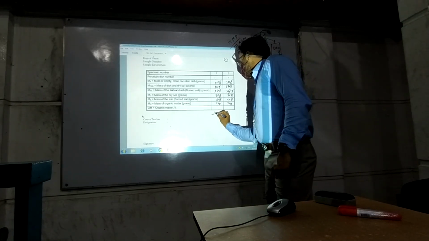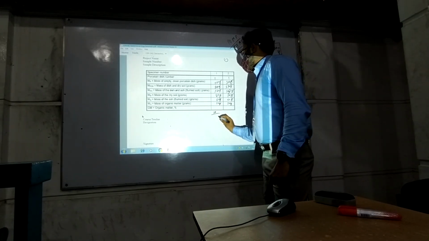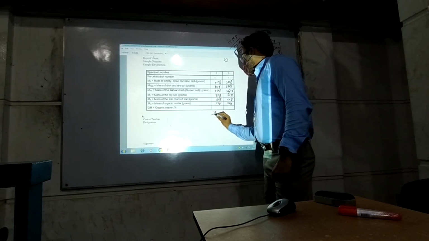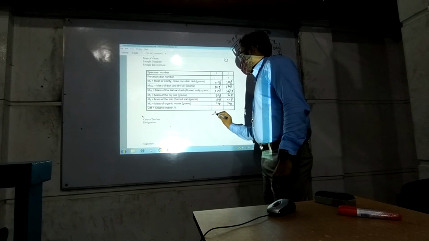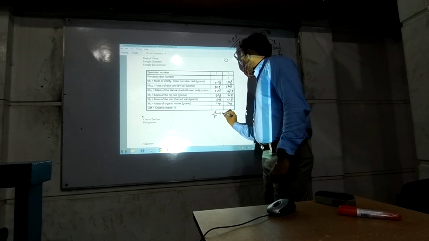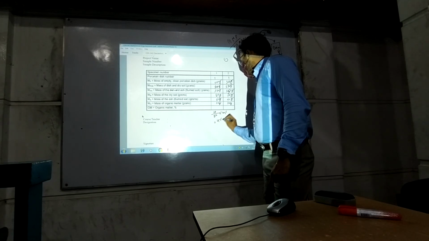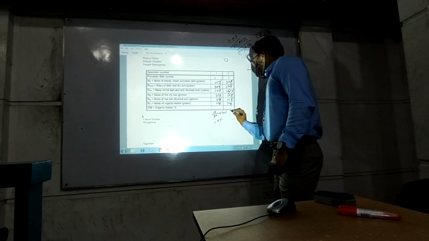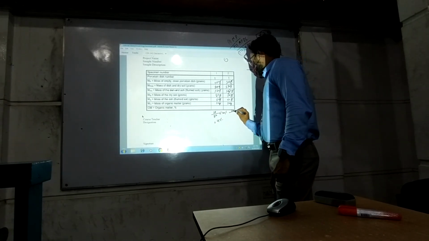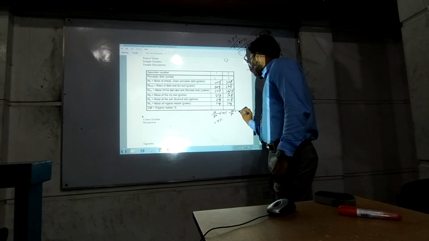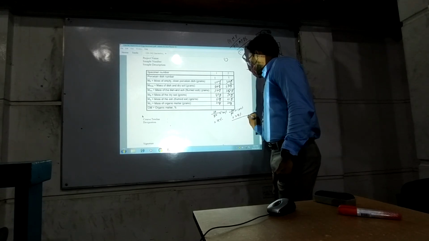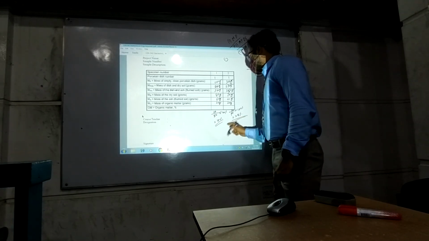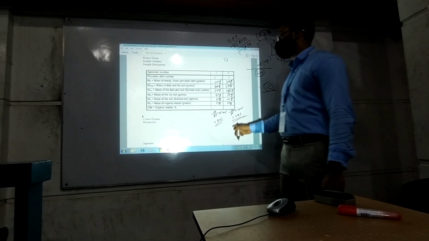MO divided by MD into 100. 20 divided by MD, 80, into 100, that is 25%. And this will become 20 divided by 70 into 100, which is 28.57. So these are the percentages we have calculated.